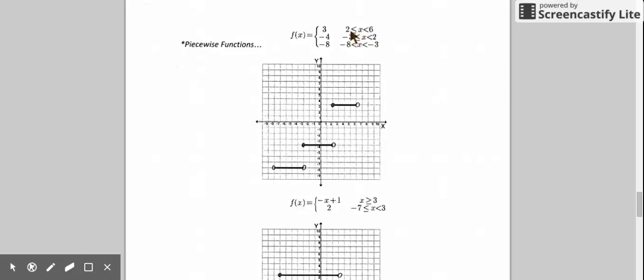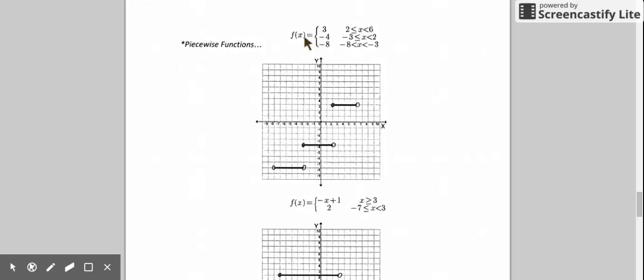It includes 2, but it does not include 6. So at x equals 2, we have a closed circle. It includes 2. At x equals 6, we don't include 6, so we leave an open space or an open hole there. So we have a horizontal line in between 2 and 6, but we're including x equals 2 and not including x equals 6.